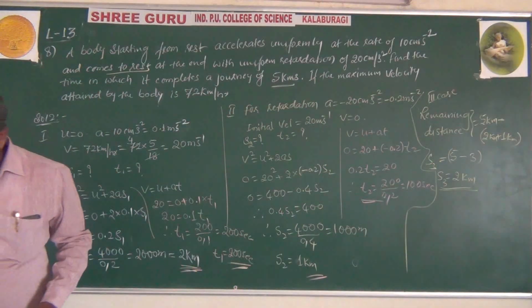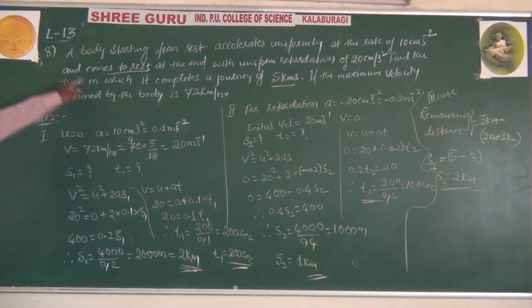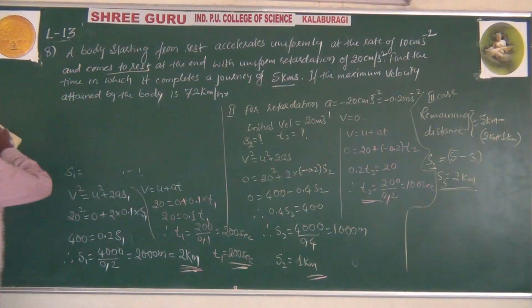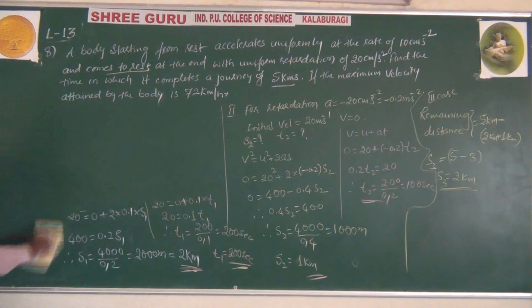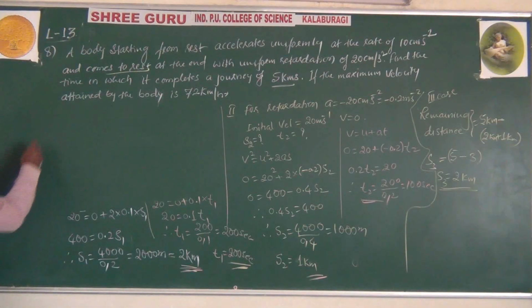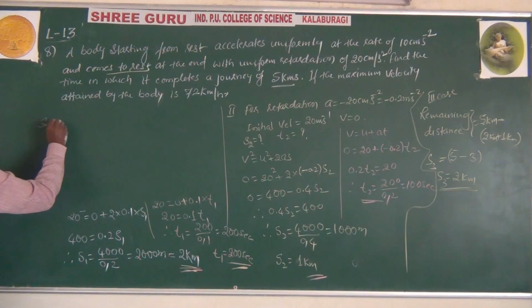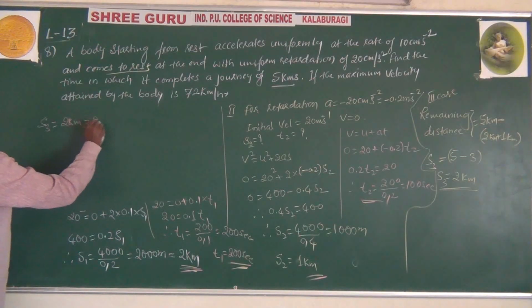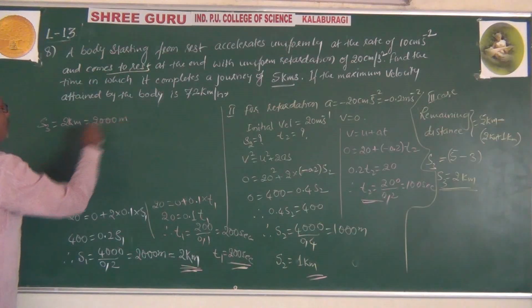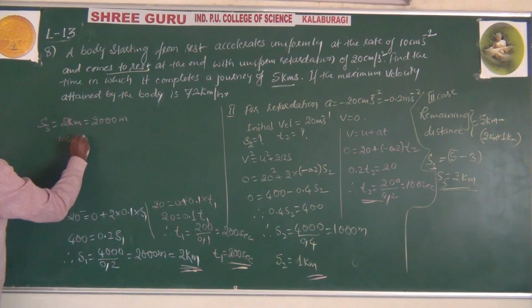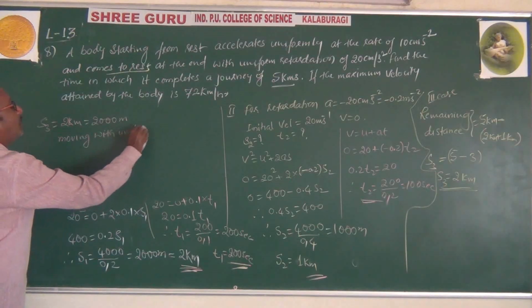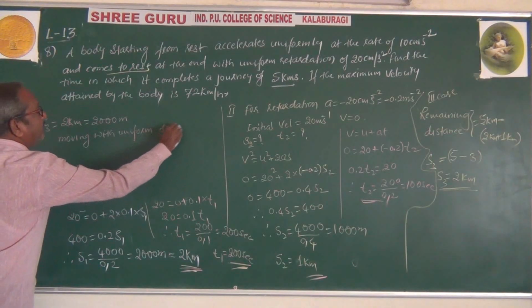And this 2 kilometer distance, the body will travel with a uniform speed. So the remaining distance S3 equal to 2 kilometers, which is equal to 2000 meters, moving with uniform speed.